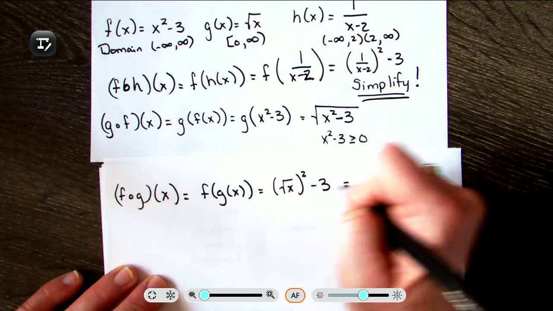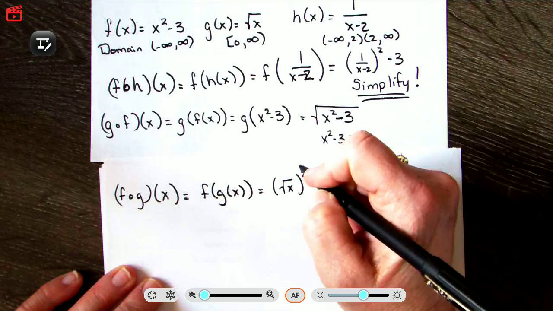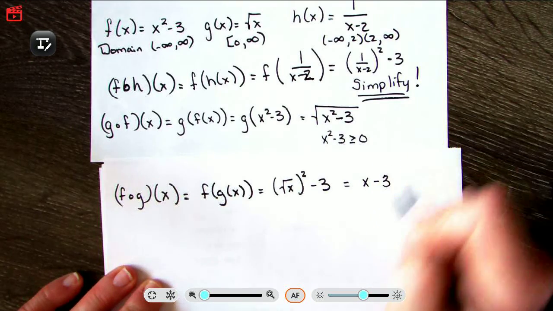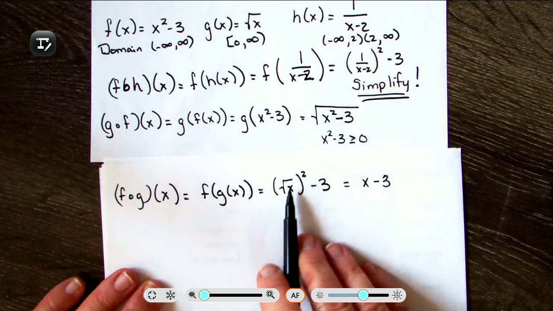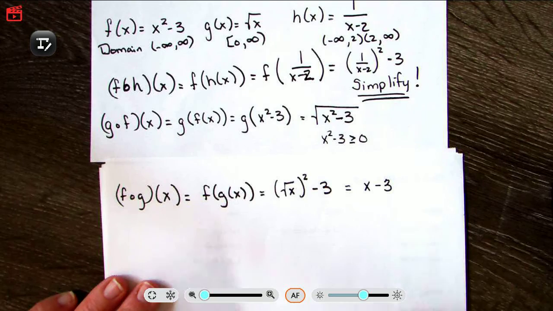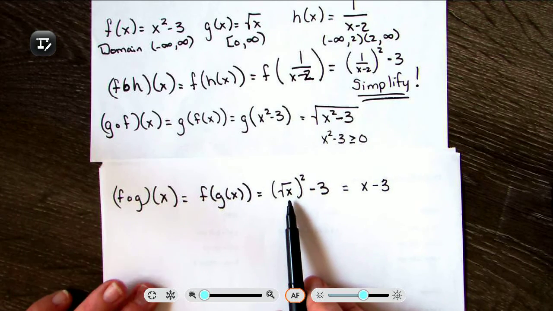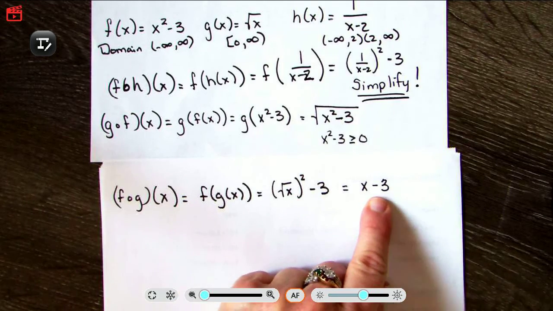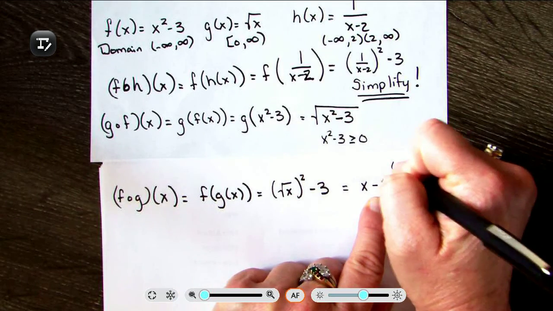Cleaning this up a little bit is going to give me x minus 3, because the square root of x squared simply gives me x, provided, and this is where we need to put some qualifiers on here, because if I look at this, this has a domain of all real numbers.